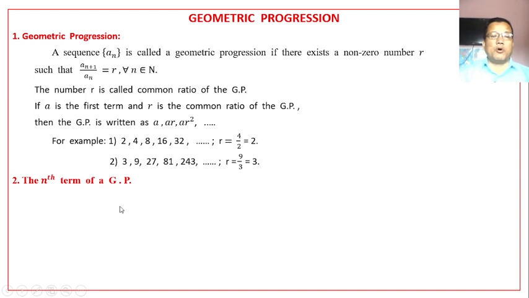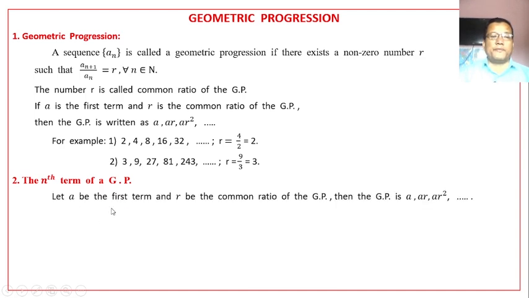The nth term of a GP. Let a be the first term and r be the common ratio of the GP. Then the GP is a, ar, ar squared, and so on. We have a1 equal to a, which can be written as a into r to the power 1 minus 1. Second term a2 is equal to ar, which can be written as a into r to the power 2 minus 1.